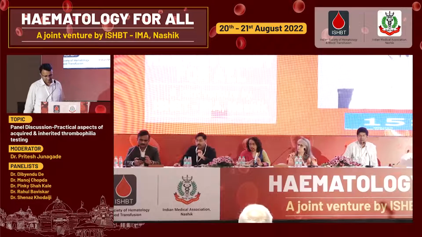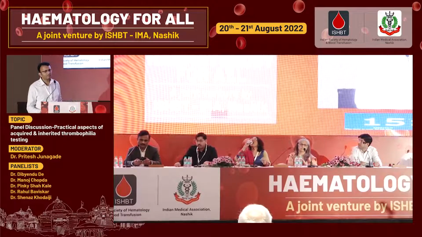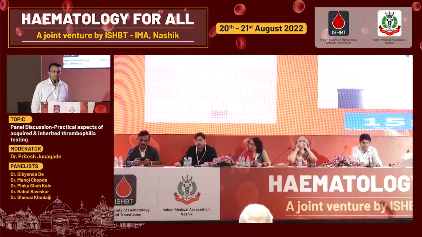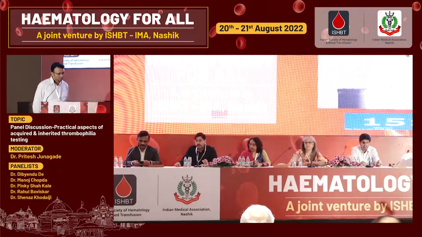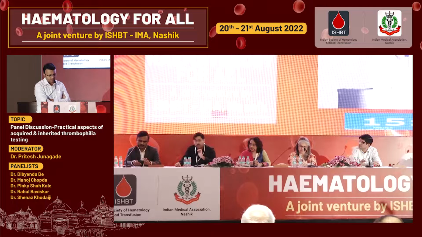Obviously, patients with an inherited thrombophilia are prone to develop thrombosis at a very early age. So in patients in the early age group, before the age of 40 years, who have thrombotic episodes, or female patients who have thrombotic episodes during pregnancy or a history of pregnancy loss, or patients who have unusual site thrombosis like intra-abdominal, renal vein or portal vein thrombosis, we try to do all the panel tests for thrombophilia to look for any underlying cause.